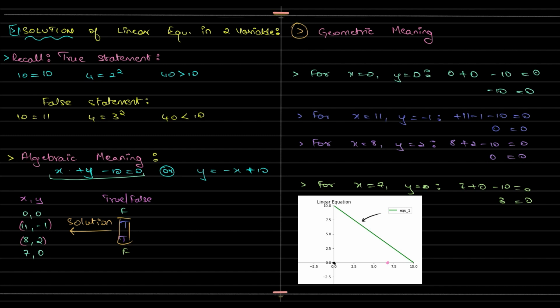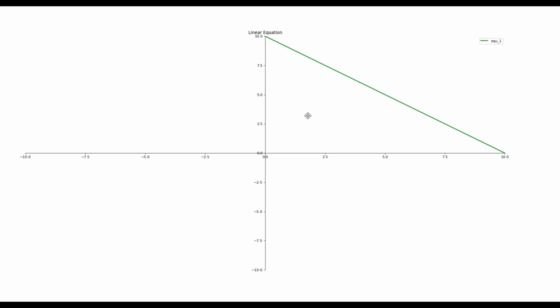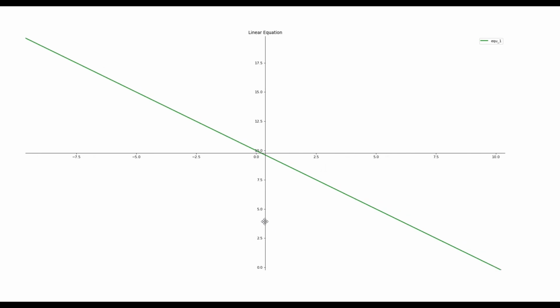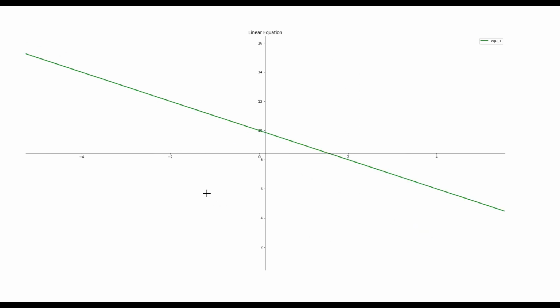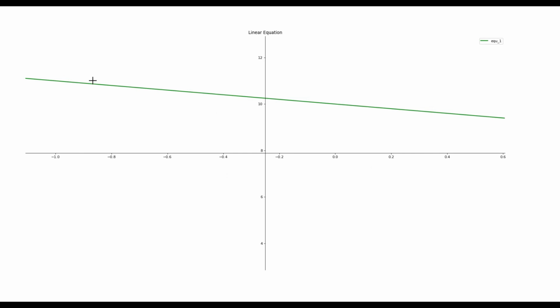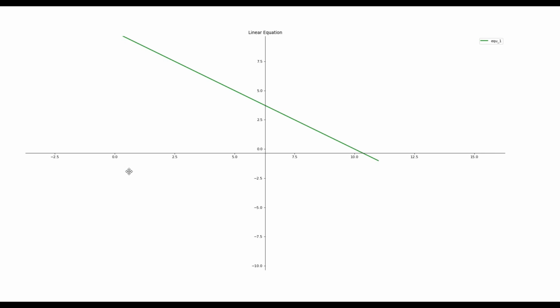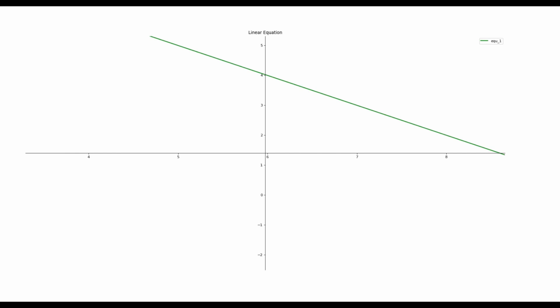Okay, so let us take one example from the graph itself. Let me zoom in a bit. That's better.